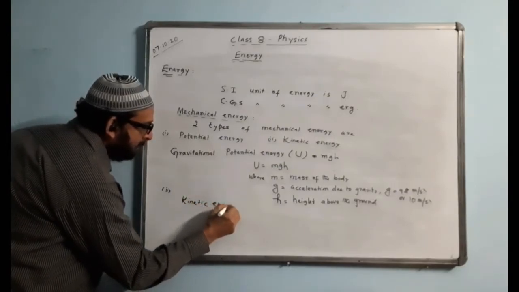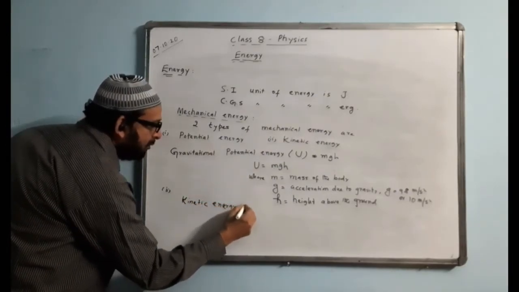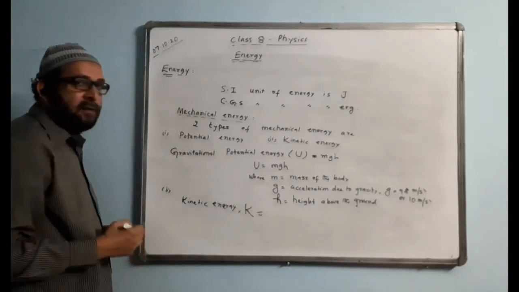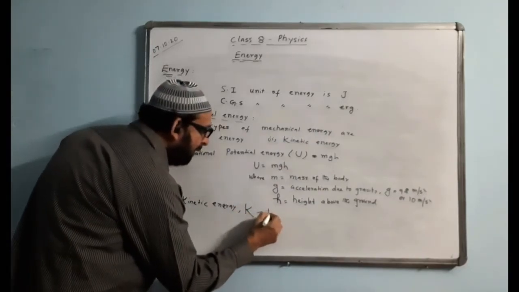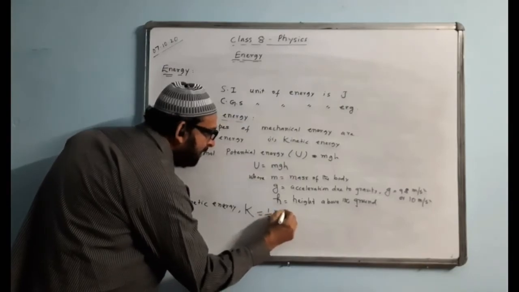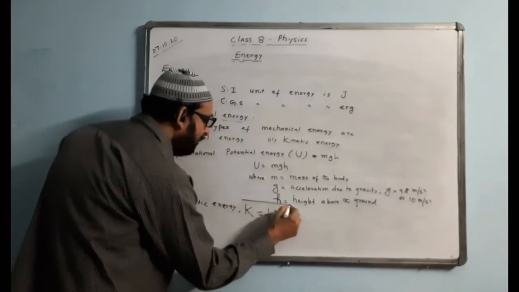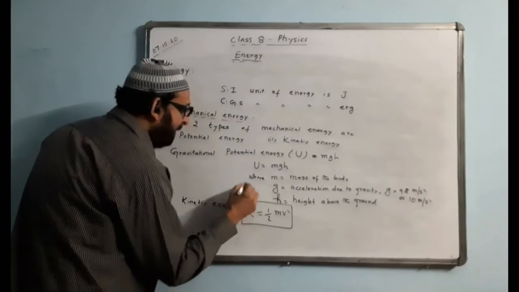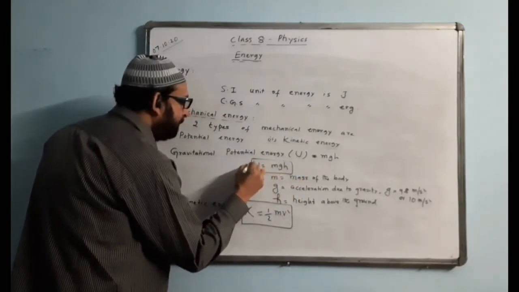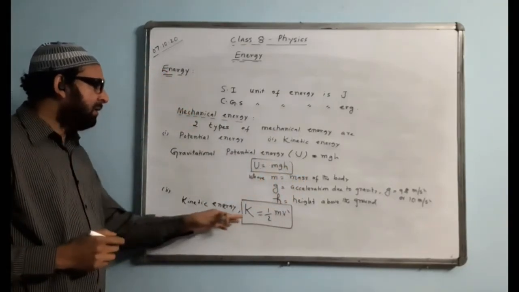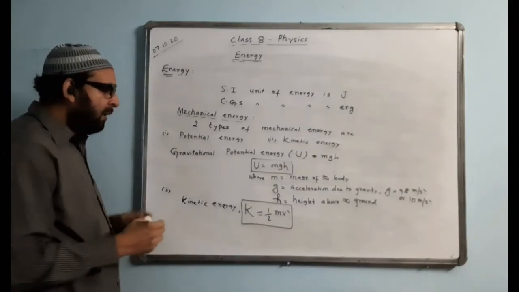Kinetic energy is denoted by K, and the formula of kinetic energy is half mv squared. So please note down the formula of kinetic energy. This is the formula of potential energy, and this is the formula of kinetic energy. What is m here?